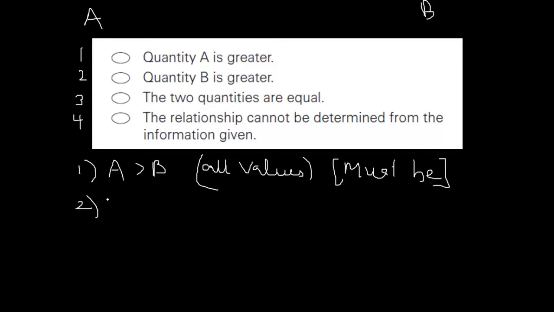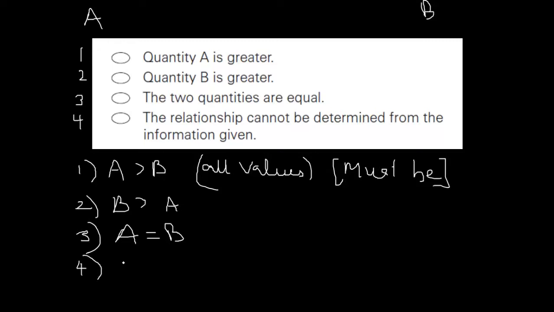Second is that quantity B is greater than quantity A, again for all values, and it must be true. The third is that quantity A is equal to quantity B, and fourth is that the relationship cannot be determined from the information given. However, I would like to restate this point.